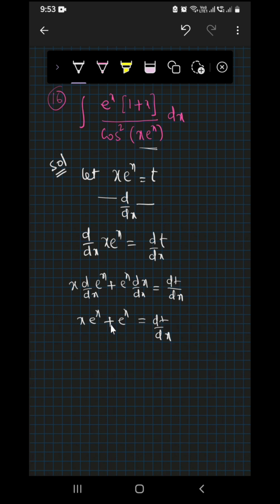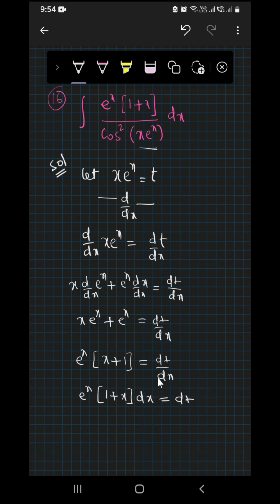Now in these two terms e power x is common, so take it outside. E power x of (x plus 1) is equal to dt by dx. So now e power x of (1 plus x) dx is equal to dt.